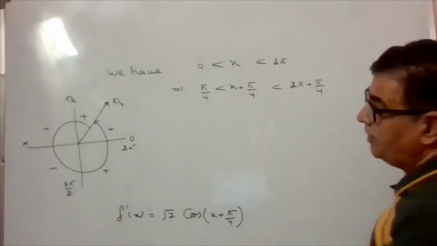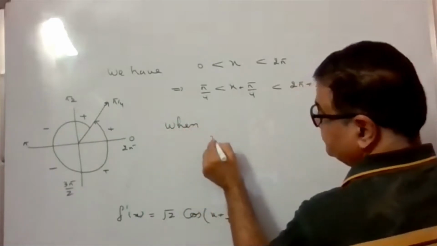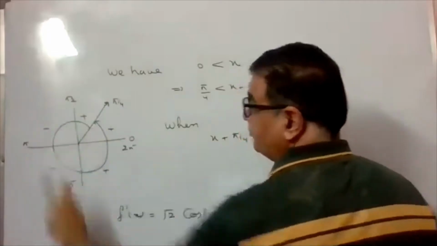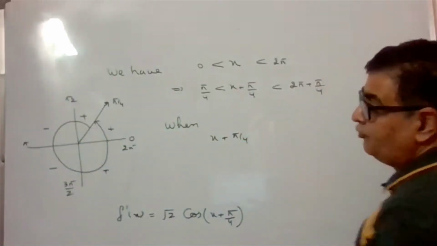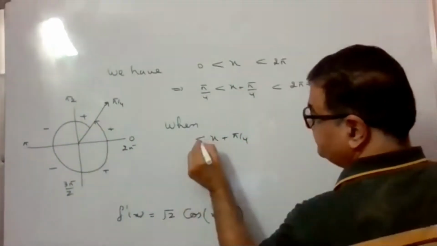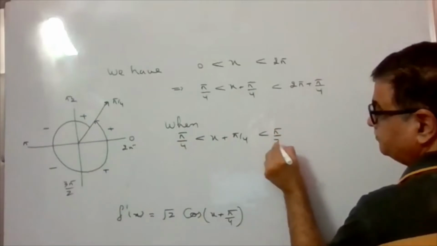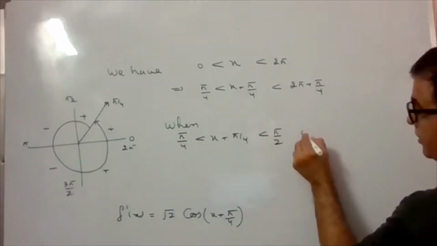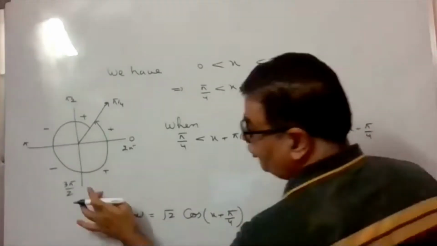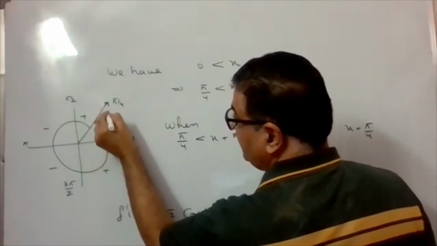So first we'll think about the positive part. So we'll say when x plus pi by 4, this is the part we have taken for x plus pi by 4. Where does it start? Pi by 4 to pi by 2 first. Or the second part, where x plus pi by 4 is 3 pi by 2 to 2 pi, here it comes, 2 pi plus pi by 4 comes here.